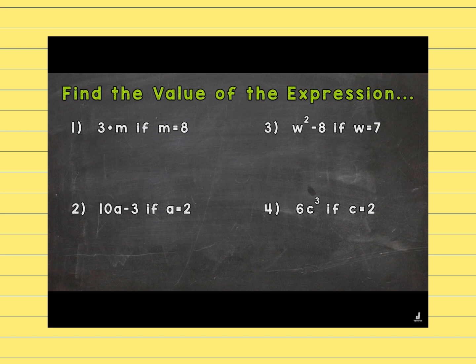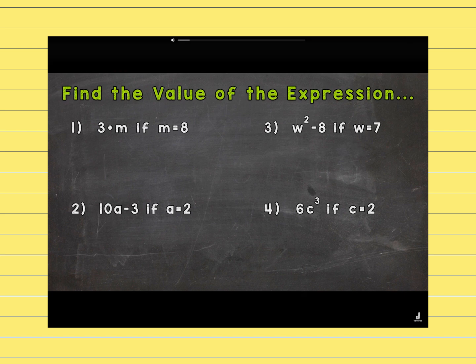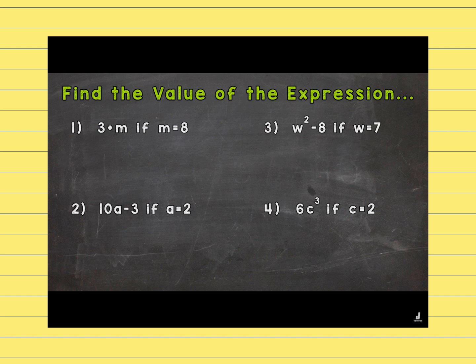So let's jump right into number 1 here, where we have 3 plus m if m equals 8. So we would read this: find the value of the expression 3 plus m if m equals 8. So that m within our expression is our variable, our missing piece. Well, we are given how much that m is worth right here.